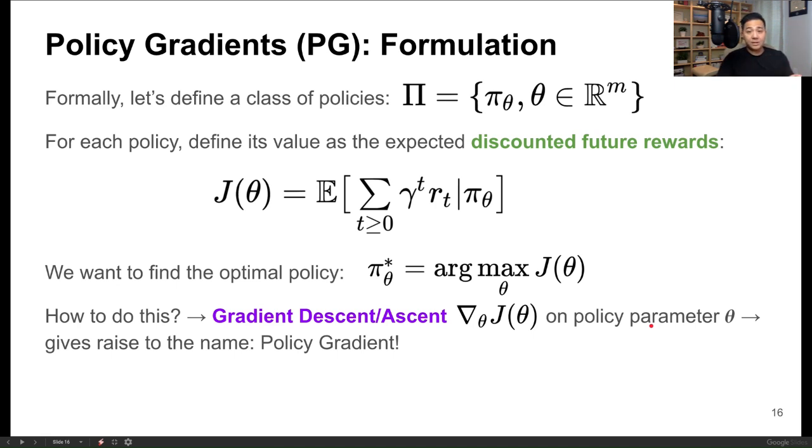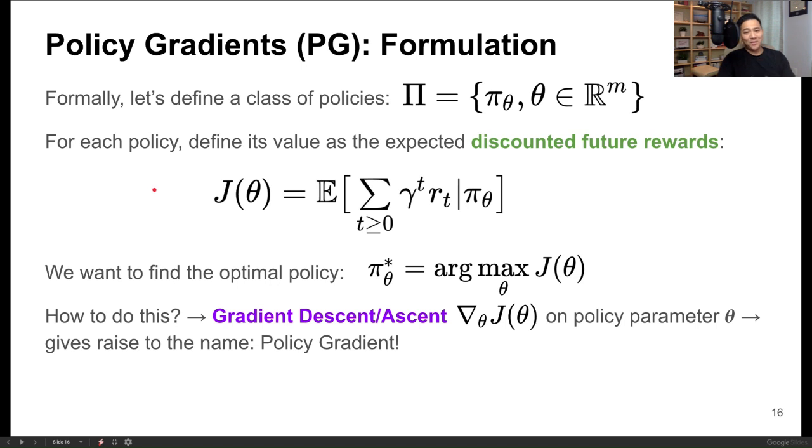For the formulation, we define a class of policies, big pi here, that includes all the policies and is parameterized by theta. Theta is the network parameters, and theta is in the space R^n. What you're trying to do is optimize a value called the discounted future rewards.